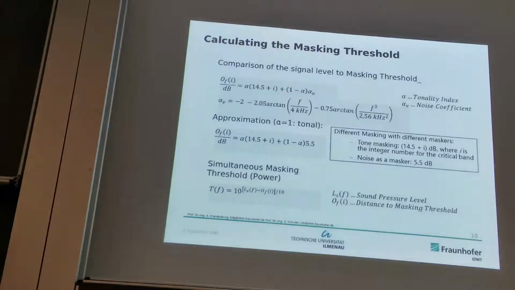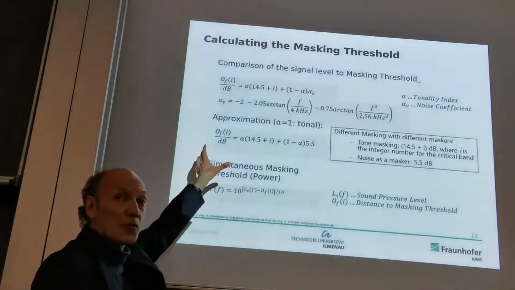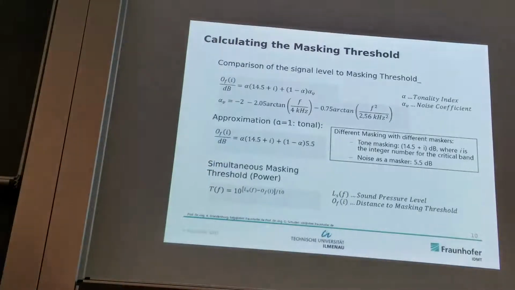There are so many other influences which are stronger than the fine detail of this model here, that you actually have to try it. That's also why we gave you one of the seminar assignments to fine-tune a psychoacoustic model, because part of it is really art. Changing things, simplifying things, and listening to them. And then take the combination which sounds the best.